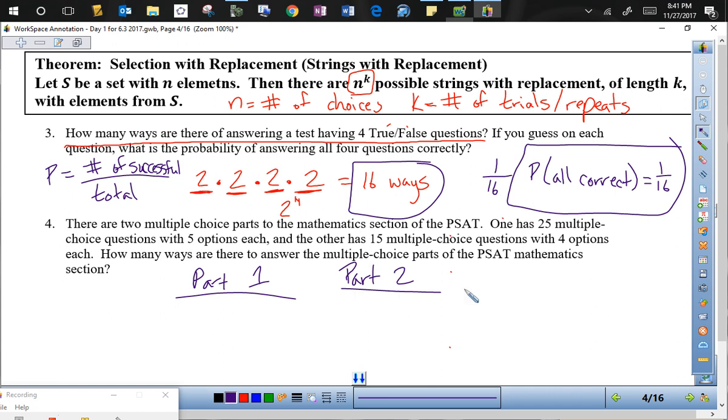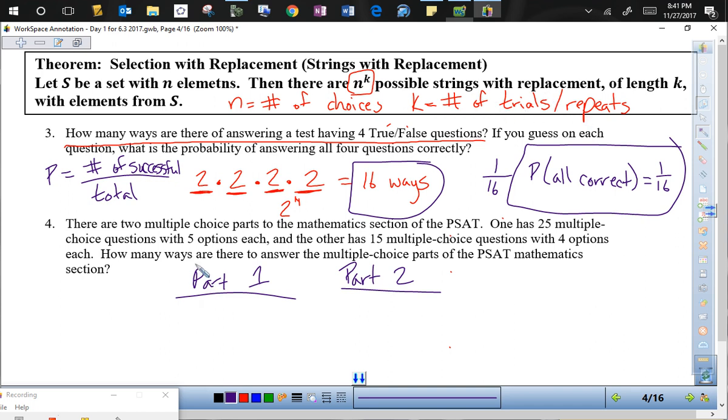For part 1, we have 25 multiple choice questions with 5 options each. According to our strings with replacement theorem, we're going to have n to the k possible strings, or possible ways to answer this test. So we just put the number of choices to the power of how many times we repeat it.